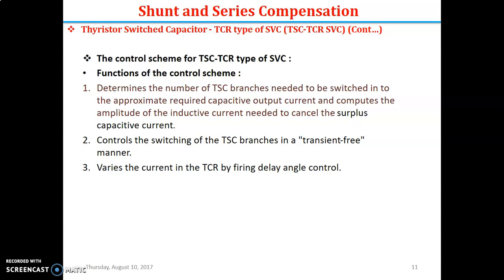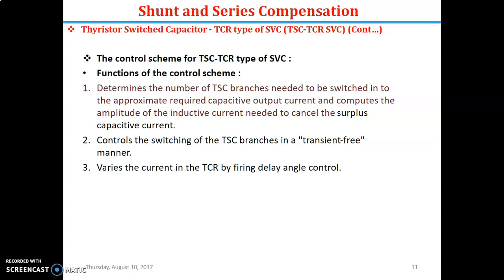With all the constraints, the thyristor rating and transients have to be put into consideration, and we have to find out that suppose 1 MVAR will be suitable. So it can compensate a maximum capacity of up to 8 MVAR by switching 8 such TSCs, and you should have one TCR operating at slightly greater than 1 MVAR, that is the rating of one capacitance.